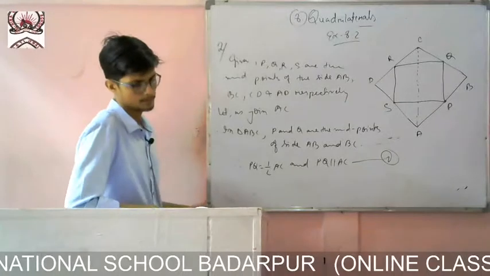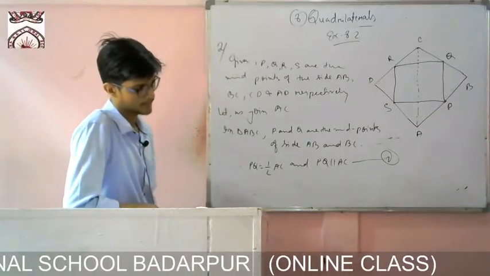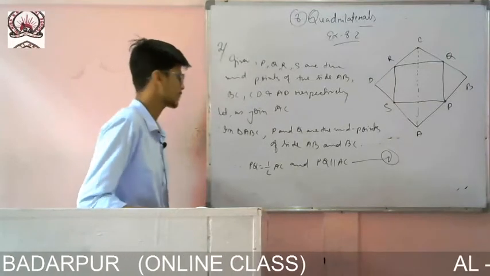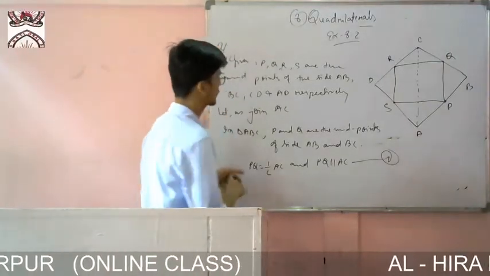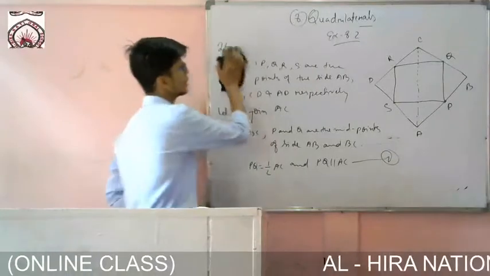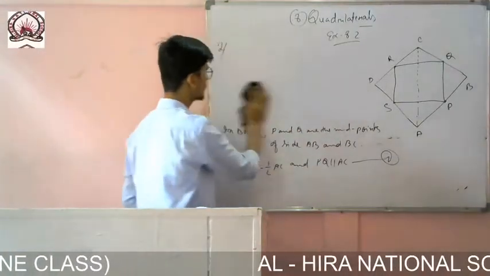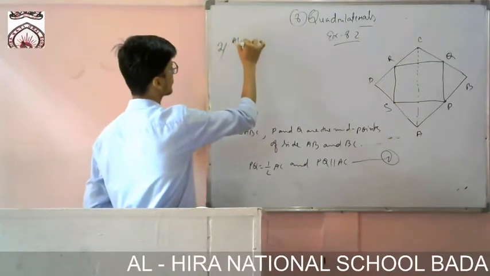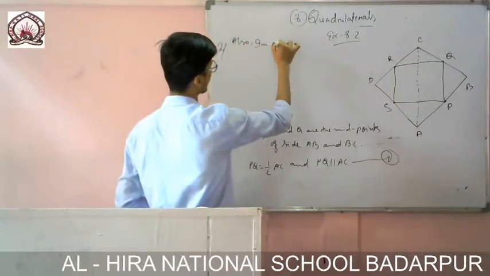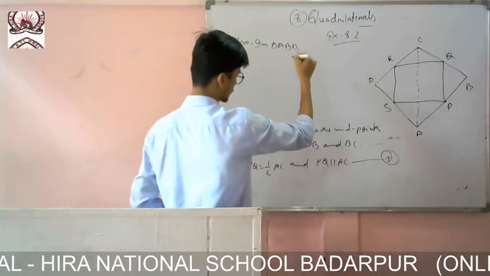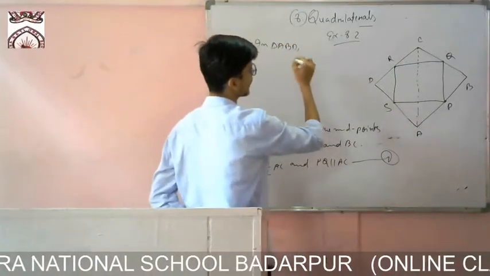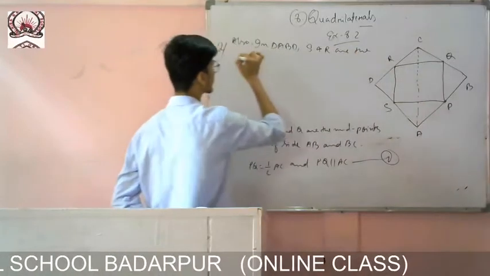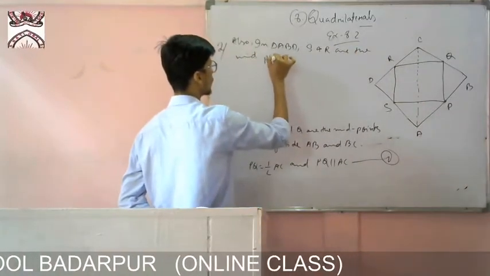PQ is equal to half of AC and PQ is parallel to AC. Equation number 1. Also, in triangle ADC, it will be the same.